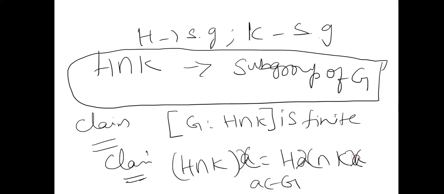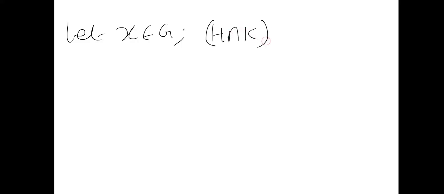Right? Any variable, any element. Okay. So H intersection Kx is equal to Hx intersection Kx for every x in G. So I'm gonna take an element in G and try to prove this: H intersection Kx is equal to Hx intersection Kx.